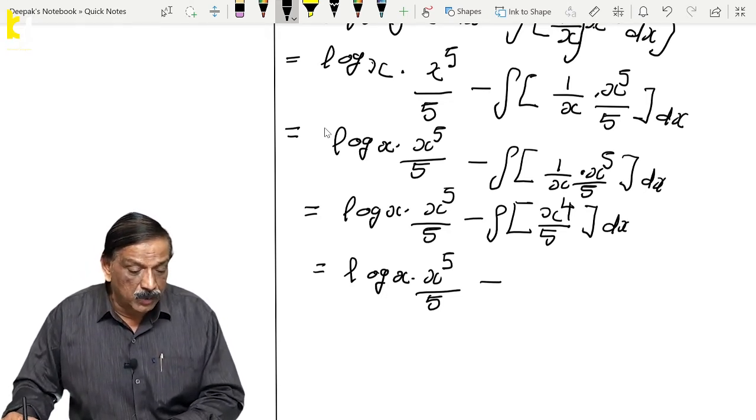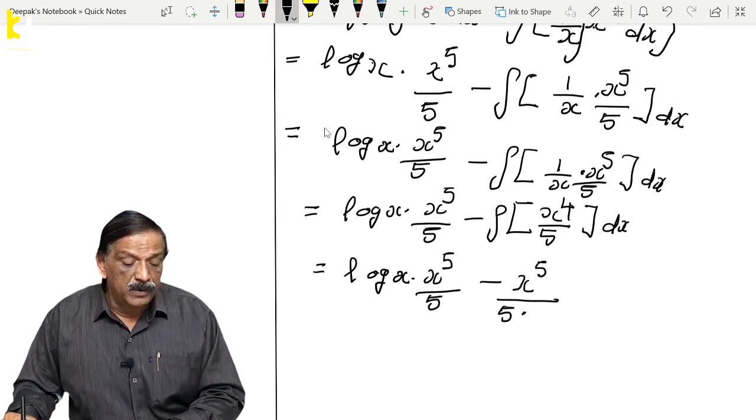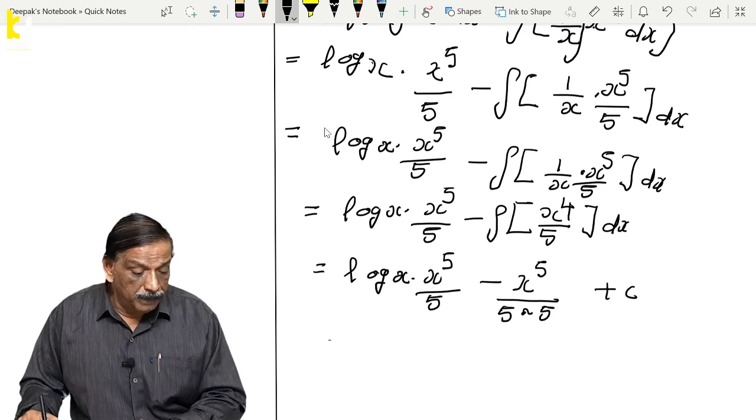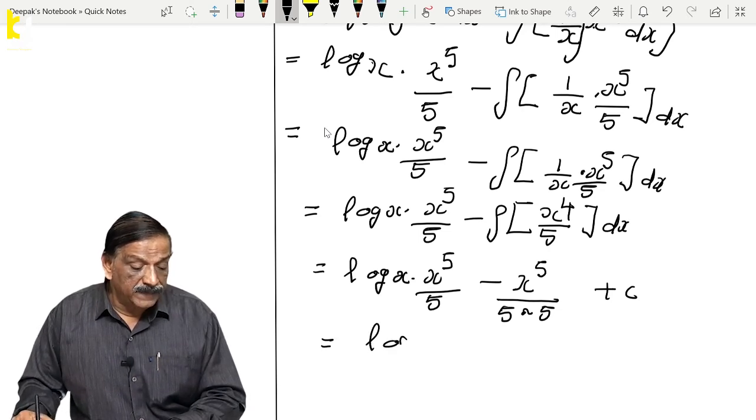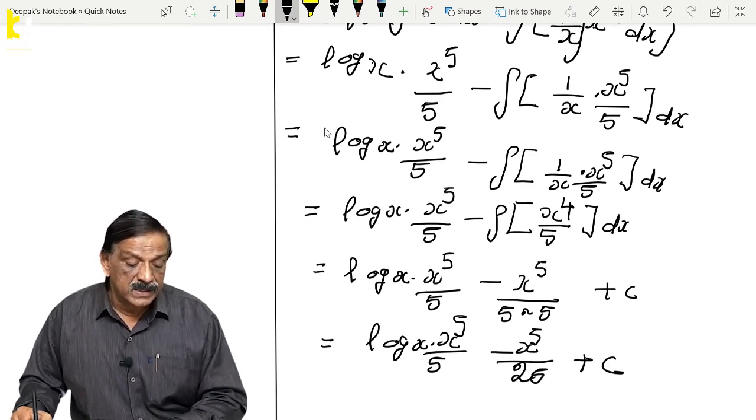Therefore, this is equal to x raised to 5 divided by 5 into 5 plus c, that is equal to log x raised to 5 divided by 5 minus x raised to 5 divided by 25 plus c.